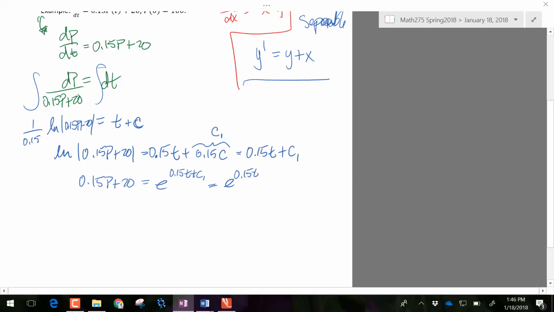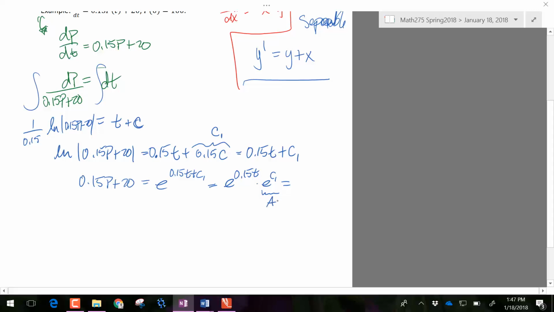Another move that's usually made in these types of differential equations is that they take this constant, because it's just another constant, right? We just did one more thing to this constant, so it's just another constant.